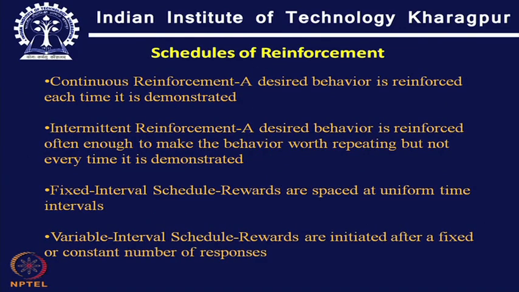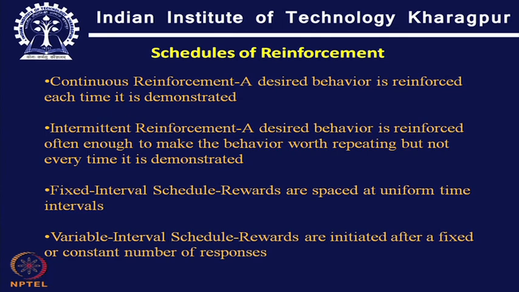So, different schedules of reinforcement are continuous reinforcement, where a desired behavior is reinforced each time it is demonstrated. Intermittent reinforcement is where a desired behavior is reinforced often enough to make the behavior worth repeating, but not every time it is demonstrated.